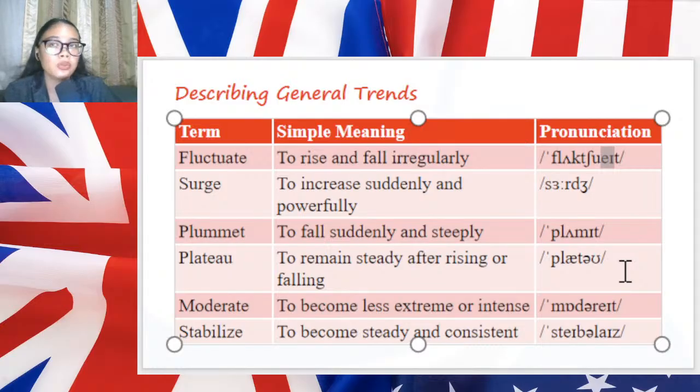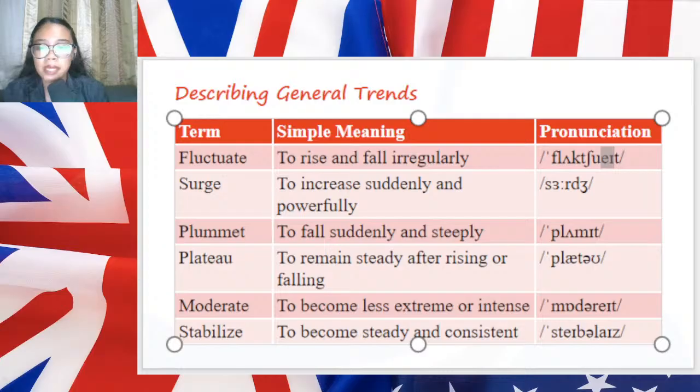It's not fluctuate, because that's how the individual syllables sound, but we blend the sounds together more smoothly so that it will sound natural. We do not say fluctuate, but fluctuate. Stress is on the first syllable. All right, that's fluctuate. Next word or term is surge.